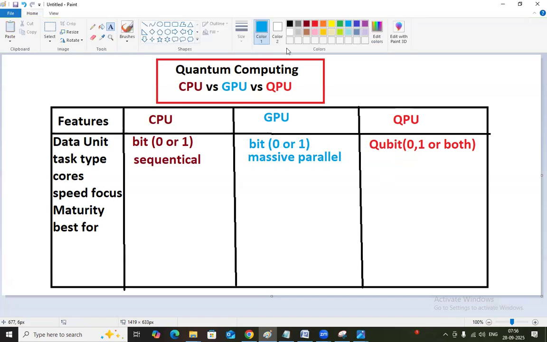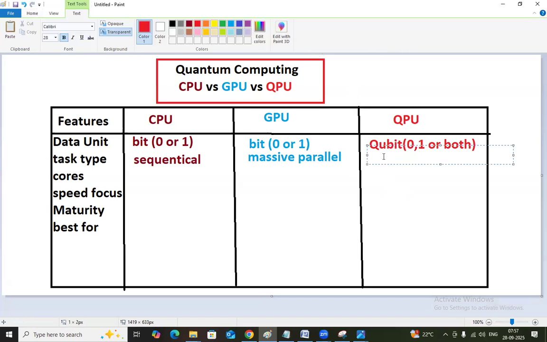Coming to the QPU task type: CPU task type is sequential. GPU task type is massive parallel. Then what about the QPU? Quantum parallel superposition.